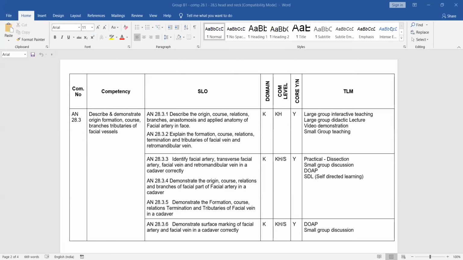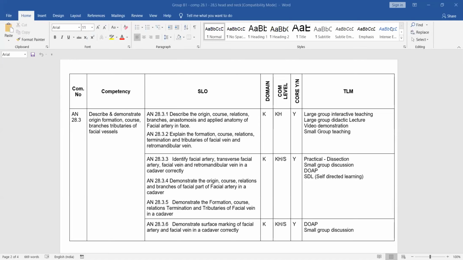Ma'am, can I just say something? Yes, ma'am. I'm talking about 28.3.6, demonstrate the surface marking of facial artery. Isn't there a separate competency for this? I think even here they can put it. There's no harm in putting demonstrate surface marking of facial artery.